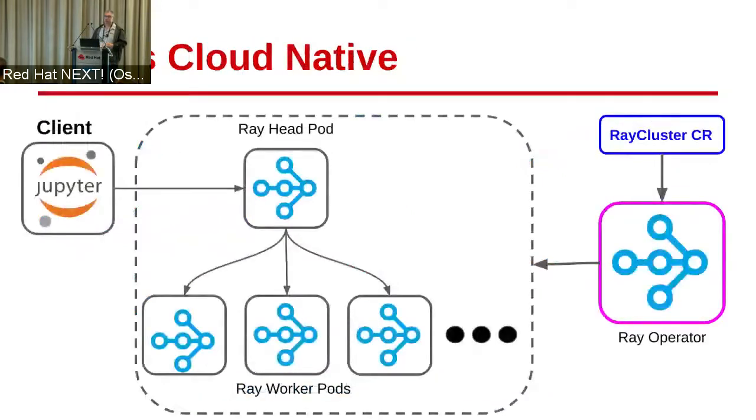Ray is cloud native, and so what do I mean by that? Ray manages all of its clusters via a Ray operator, and so if you want a cluster, you produce a little Ray cluster object, push it up on your cluster, and your Ray operator will then detect it and give you a cluster, and it will not just give you a cluster, it will do a lot of very dynamic scale up and scale down.